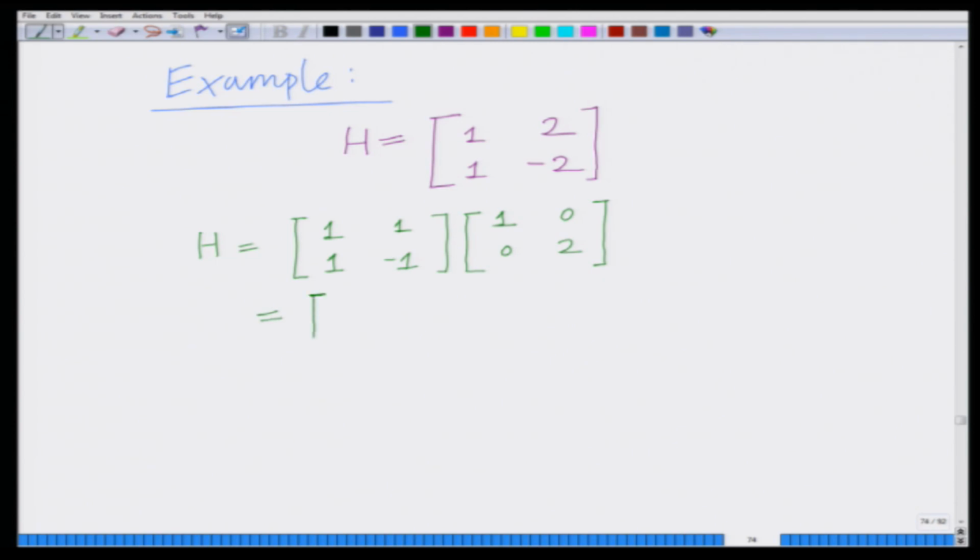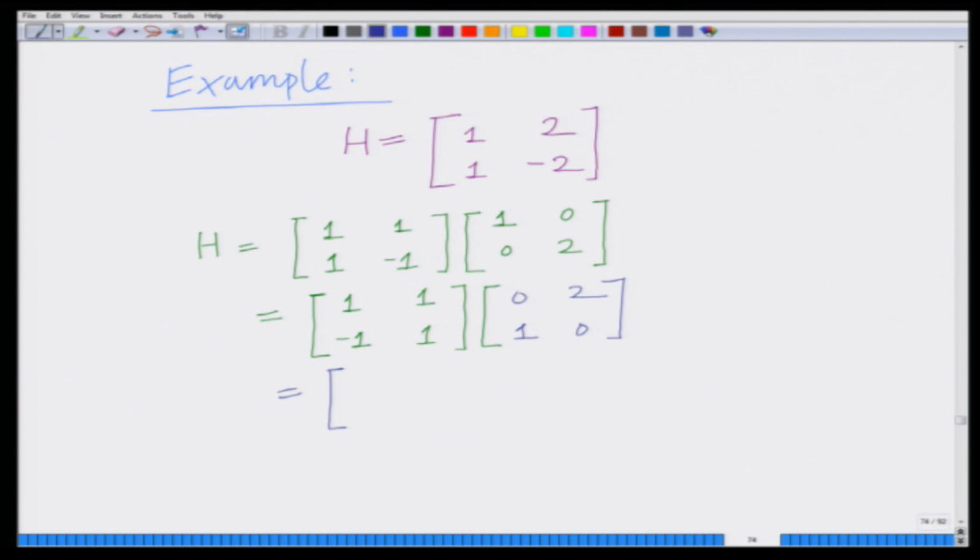Therefore, I will again shuffle these. I will shuffle the columns, 1 comma minus 1 and 1 comma 1, and simultaneously shuffle the rows of the matrix, 0 2 1 0. Now I have the singular values, except this is the flipped diagonal matrix.